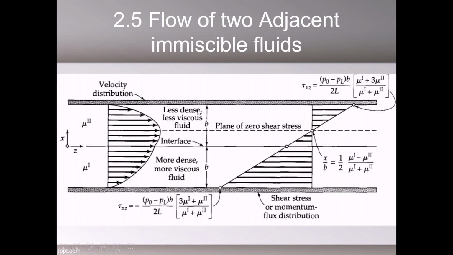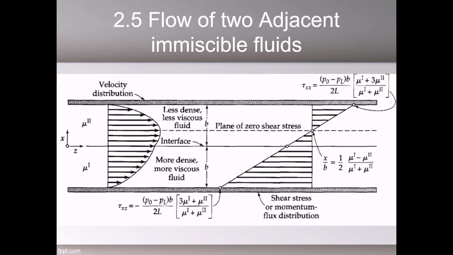It's just like it has the velocity here and here. Otherwise, you will have a discontinuity here. But anyway, you will have the same velocity. And also, you should have the same shear stress.